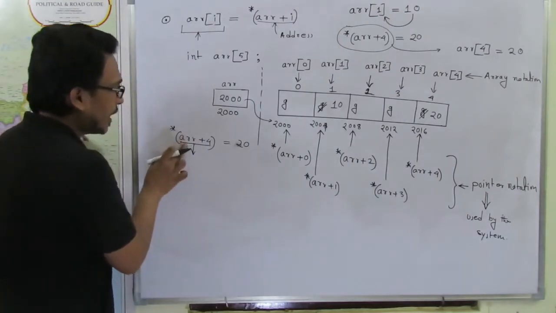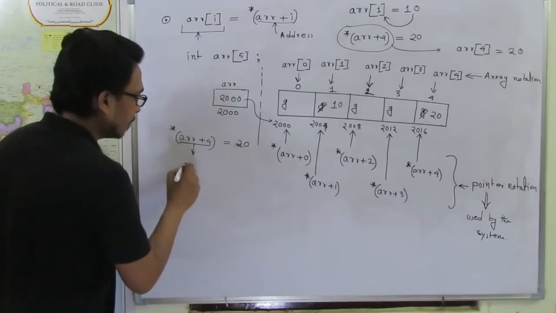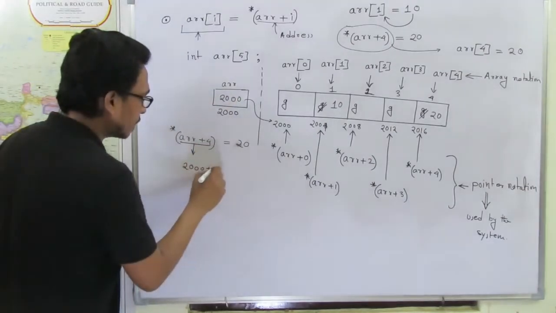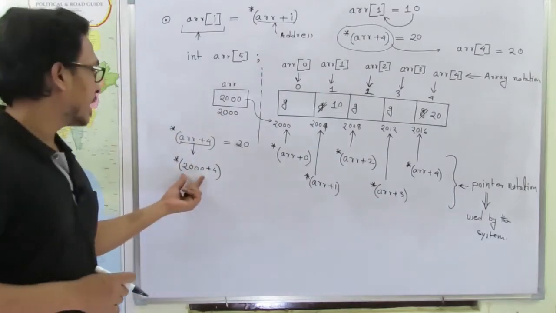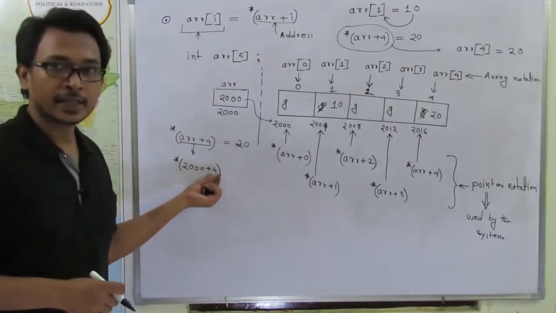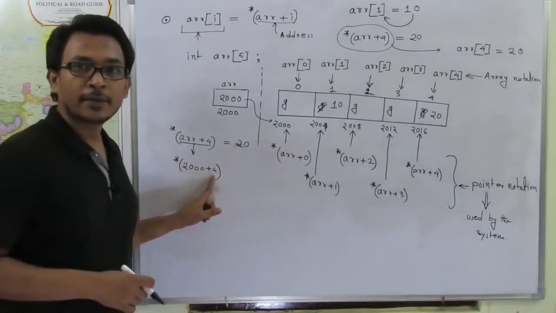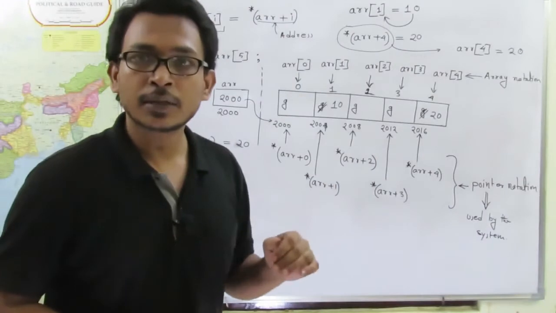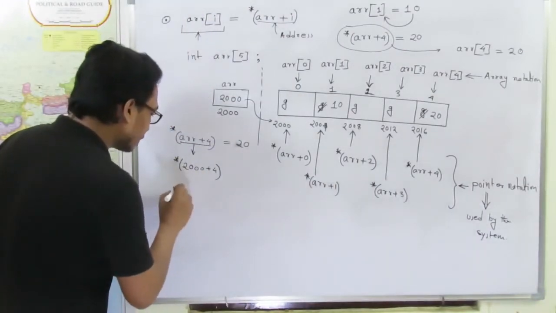The content of ARR, the address stored in ARR, is 2000. That means we get 2000 plus 4. Now, 2000 is a pointer and 4 is an integer, so pointer arithmetic comes into the picture. How does pointer arithmetic work here?